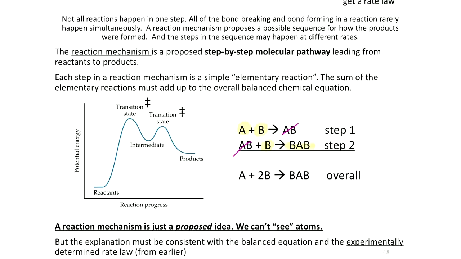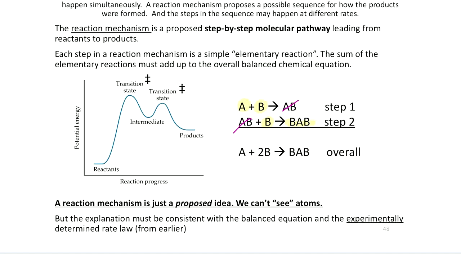And so the idea of a mechanism, remember, we can't see atoms. So when we propose a mechanism, it's just a proposal, because technically I can't see every collision that happens. This is just my best guess at what the mechanism is. All right.